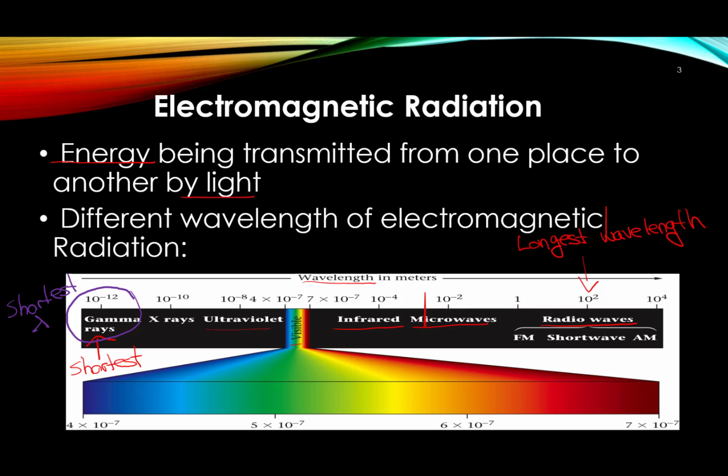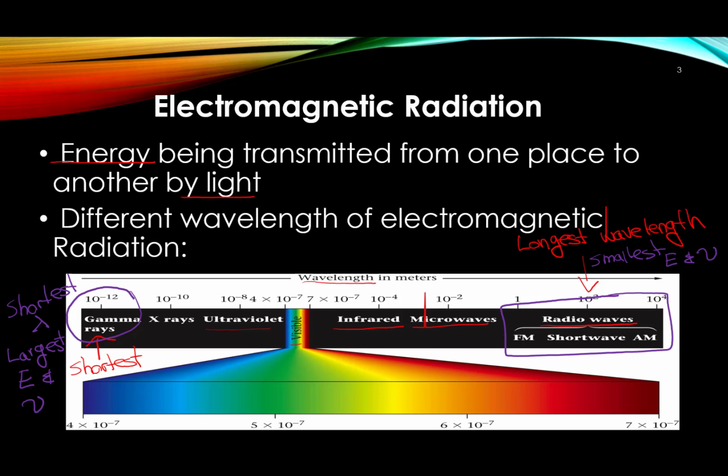But since wavelength and energy are indirectly proportional, it has the largest energy and frequency. And the same thing applies to radio waves. Radio waves have the longest wavelength, which makes them the smallest energy and frequency.